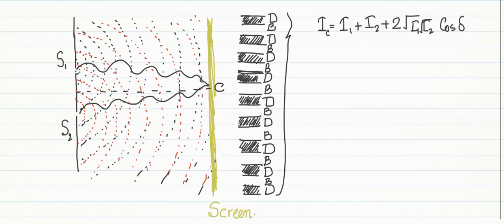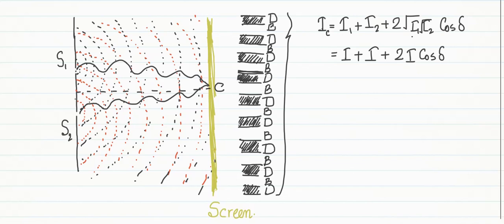Since the amplitude and phase of the two interfering waves are the same, we can consider I1 and I2 equal and write it as I. So this is I plus I plus 2 root I1 into root I2, which here is root of I square, and root of I square is simply I. So it is simply 2I cos del.